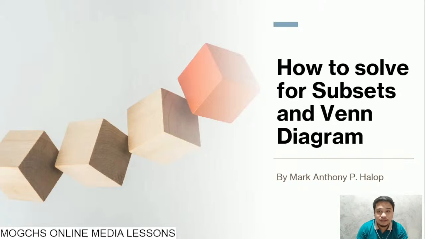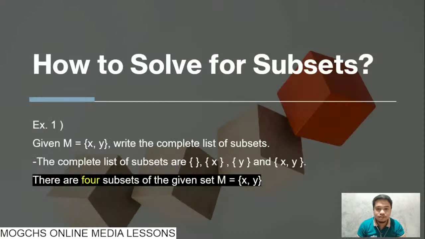So, let us proceed. The question is, how to solve for subsets. Example number 1. Given the set M has two elements, X and Y. Write the complete list of subsets.